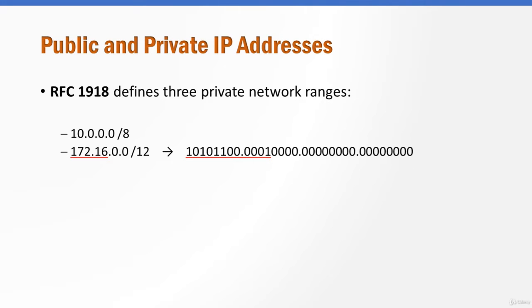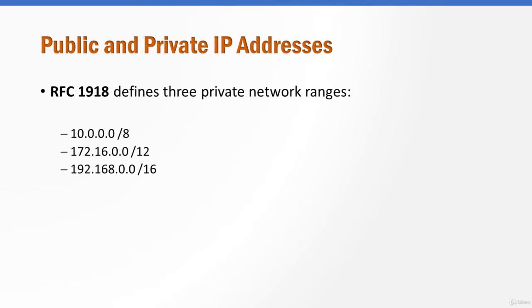So the first 12 bits of this IP address represent the network portion. So this range actually ranges from 172.16.0.0 to 172.31.255.255. You can calculate that based on what we've learned so far and check if I'm right. But that's it. That's the second private network range.